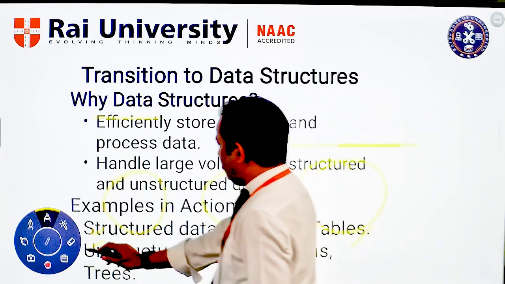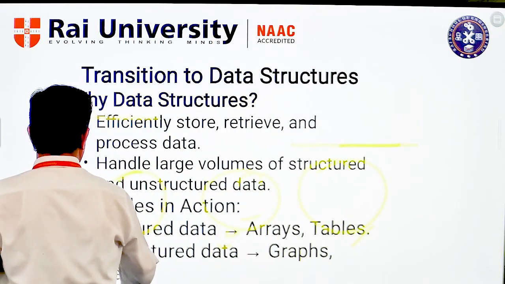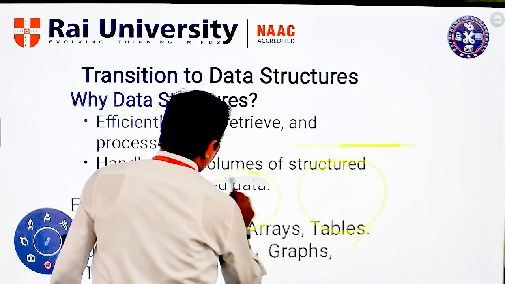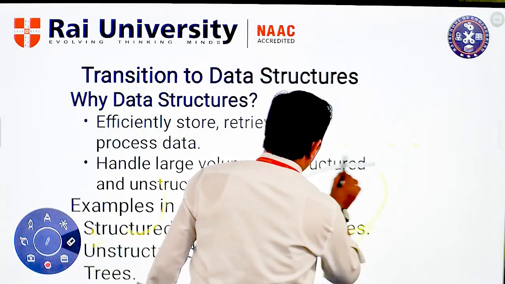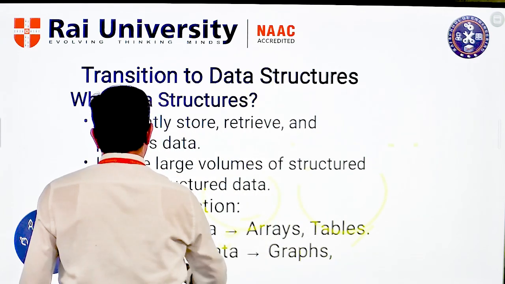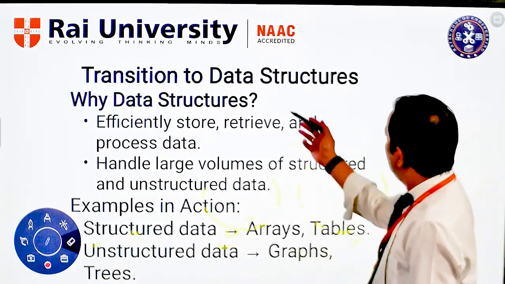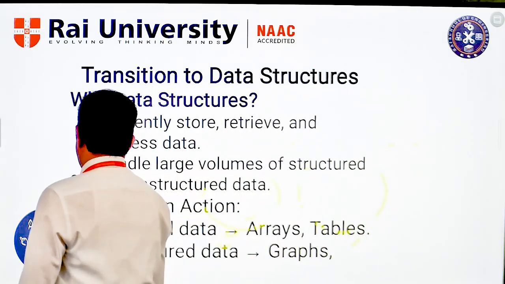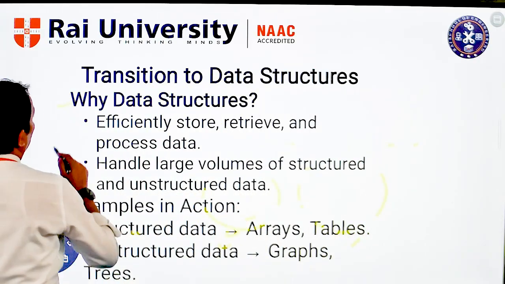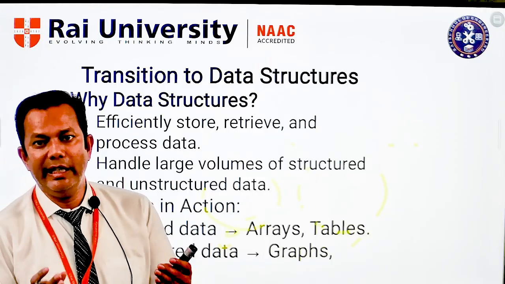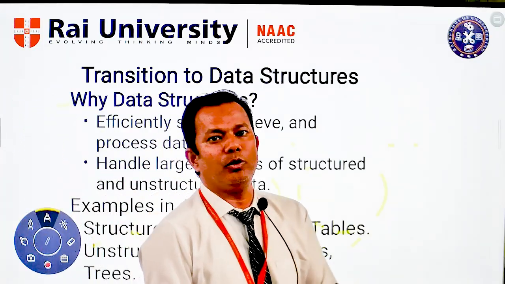Now, the next one. You can see here, transition to data structure. Why is a data structure needed? Because whenever we collect the data, we need to store it somewhere. We need to store it in a manner.